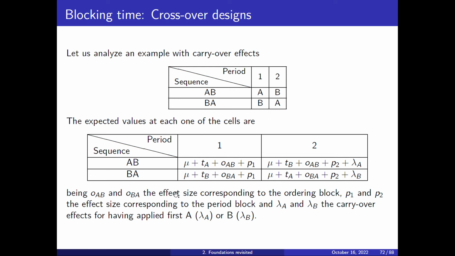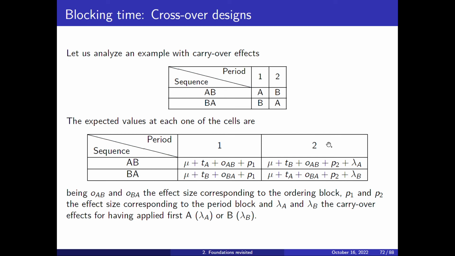What are the expected values for each one of the cells here? The response in the first period for this sequence will be a general mean plus something that depends on A, plus something that depends on the order AB, plus the effect of the period. So the first period is also contributing.